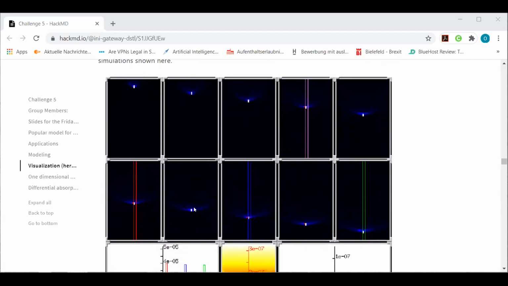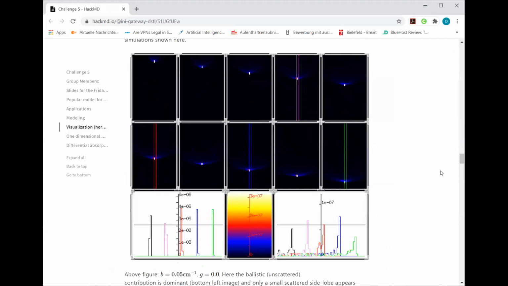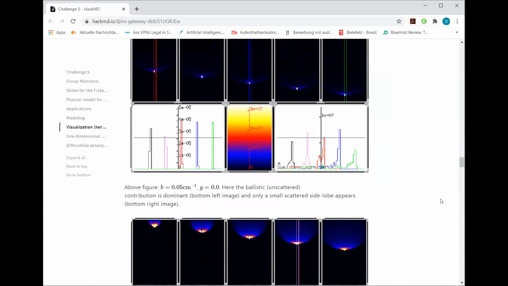If you have very few scattering events, so the B is very small, saying it's almost no forest there, then you see this propagation of a single pulse through the domain. The 10 figures you see there are time snapshots of the propagation of the photon. You see a small wake which comes through a little bit of scattering.